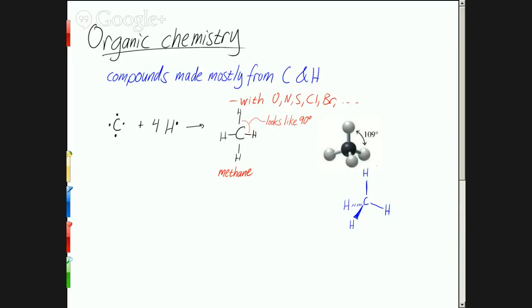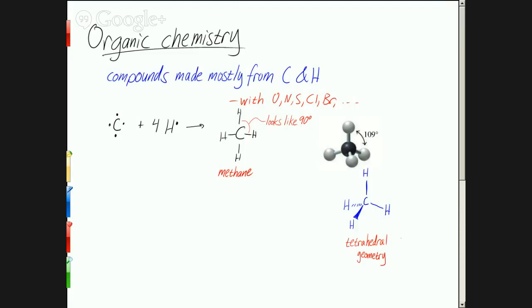So these two over here are actually right on top of each other if you're looking at them in a real structure. But since we couldn't actually see it on the paper, we draw them slightly apart so that we can actually see it. But that means this one's going back and this one's coming out at us. That's called a tetrahedral geometry.